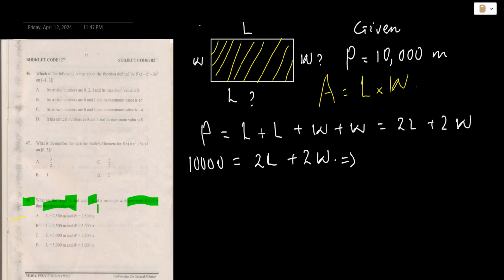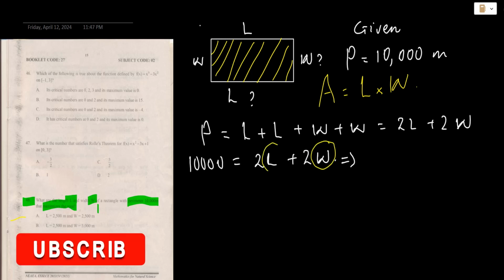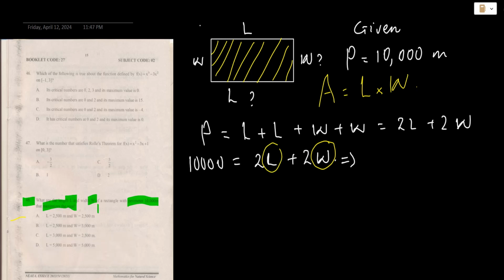From this equation we can obtain an equation that expresses L in terms of W. If we divide both sides by 2 and subtract W, then we get L equals 5,000 meters minus W. We take this as the first equation.